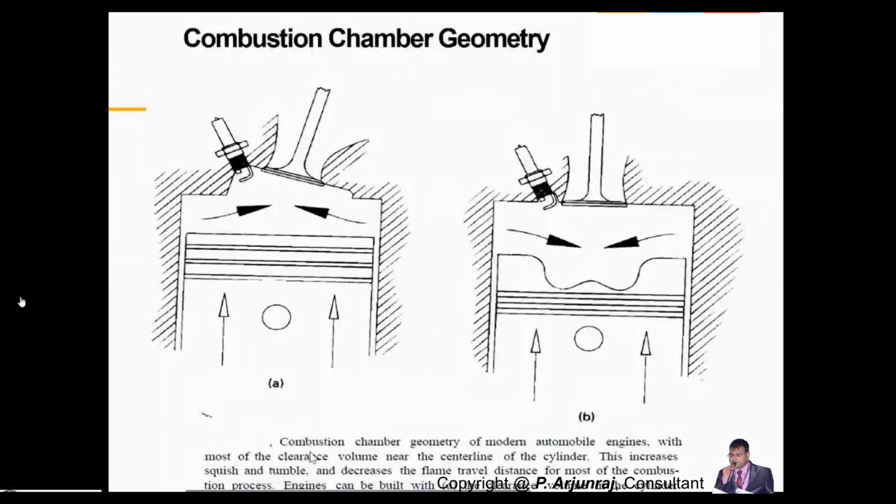When the flame is traveling a large distance, there is a possibility that some unburned fuel may be left out, which will lead to carbon monoxide and hydrocarbon emissions. So the main objective is to burn all the fuel inside the combustion chamber, by squeezing it, tumbling it, swirling it, or creating turbulence. You need to ensure that you decrease the flame travel.